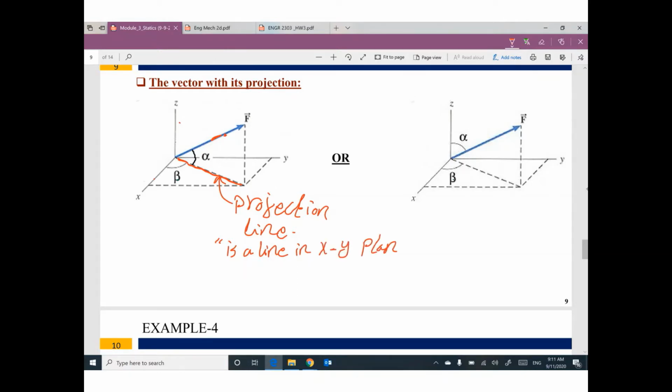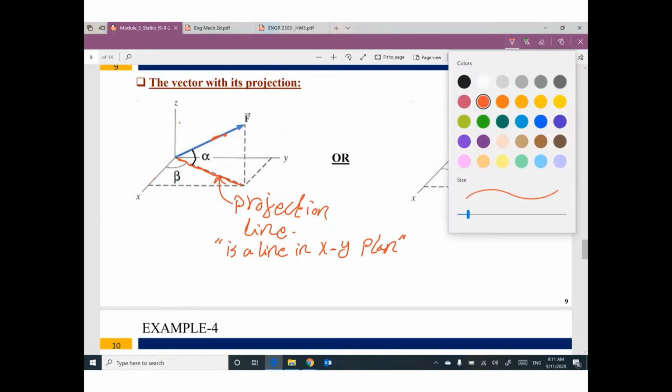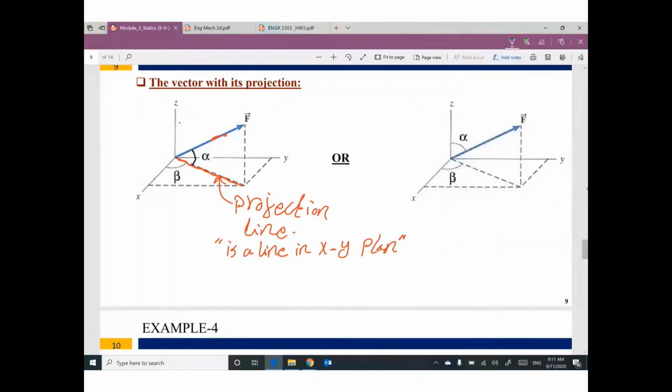Guys, can you see? We have here, this is y-axis and this is x-axis. So this plane can be called xy plane. So this line, which called projection line, is a line in xy plane.